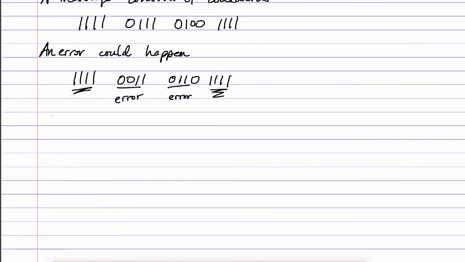Because our code contains both 1, 1, 1, 1 and 0, 1, 1, 1, we don't know whether the person who sent us the message really intended for a 1, 1, 1, 1 to be here.